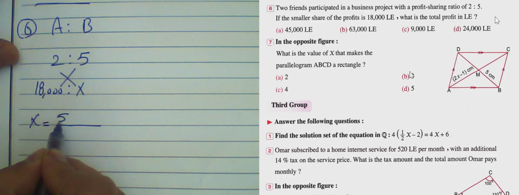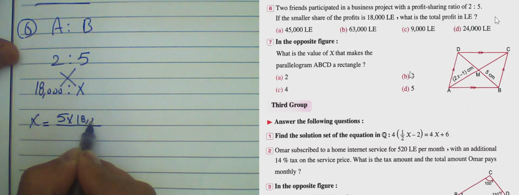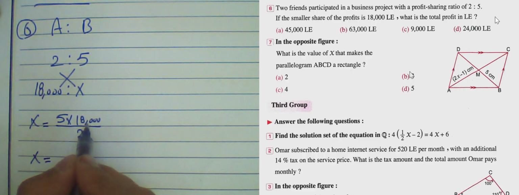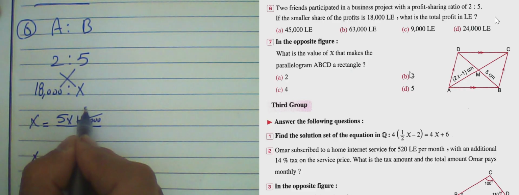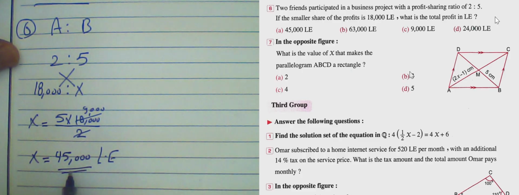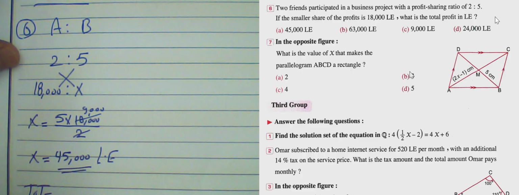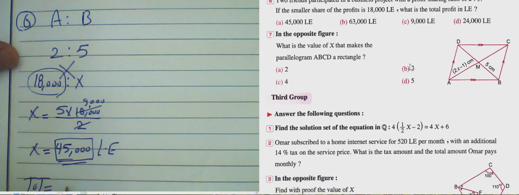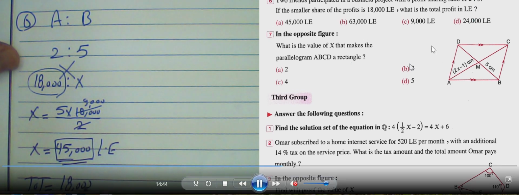First step, we can find x. X here refers to the profit of the greater one. Using the rule, the product of extremes equals the product of means: 5 times 18,000 divided by 2 will be 45,000. And then we can find the total profit by adding the smaller and the greater. The total will be 45,000 plus 18,000.